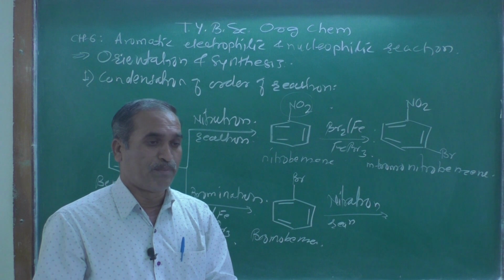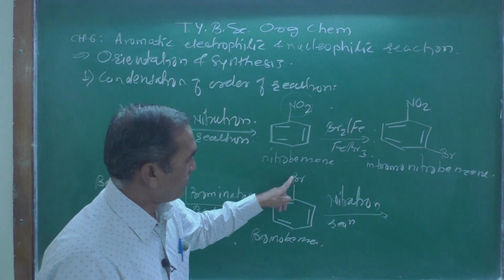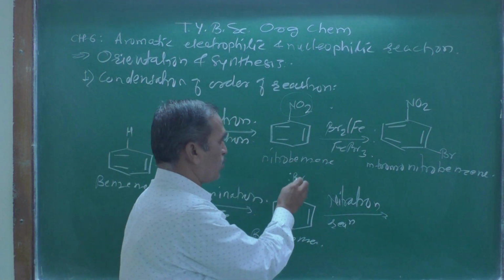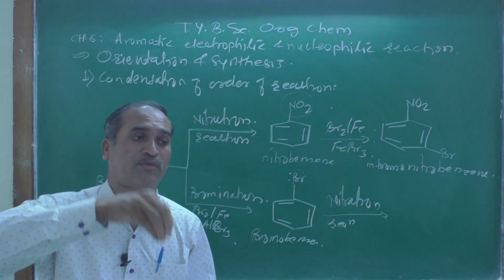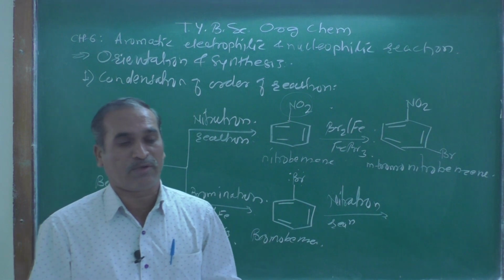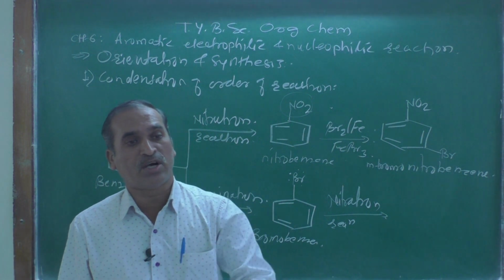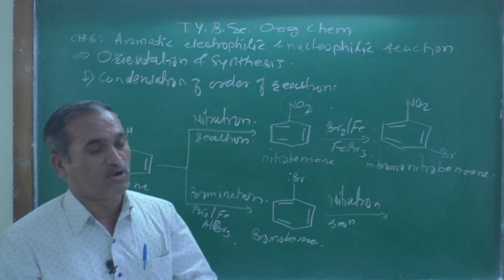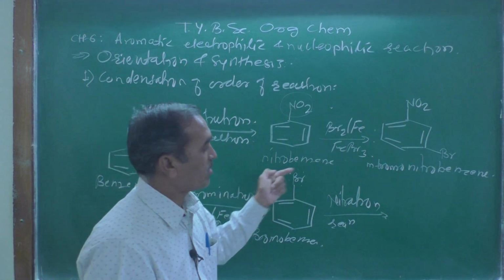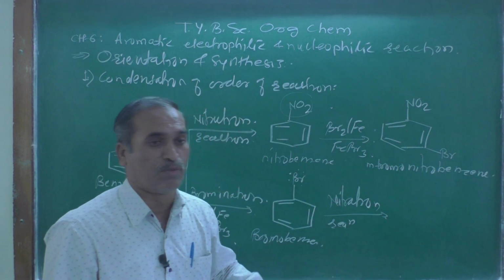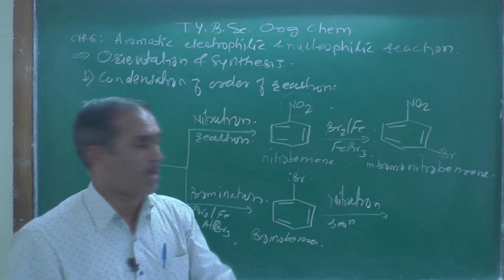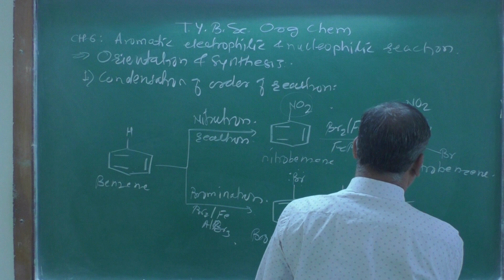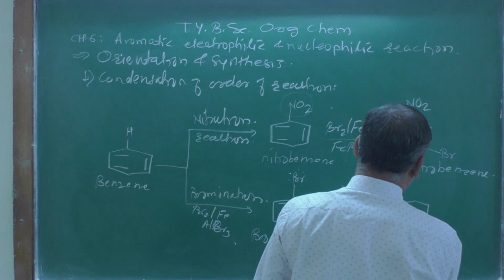But Br has a lone pair, which can show a plus R effect, and the plus R effect controls the orientation of the incoming group, so nitration occurs at the ortho and para positions. We get a mixture of products here.